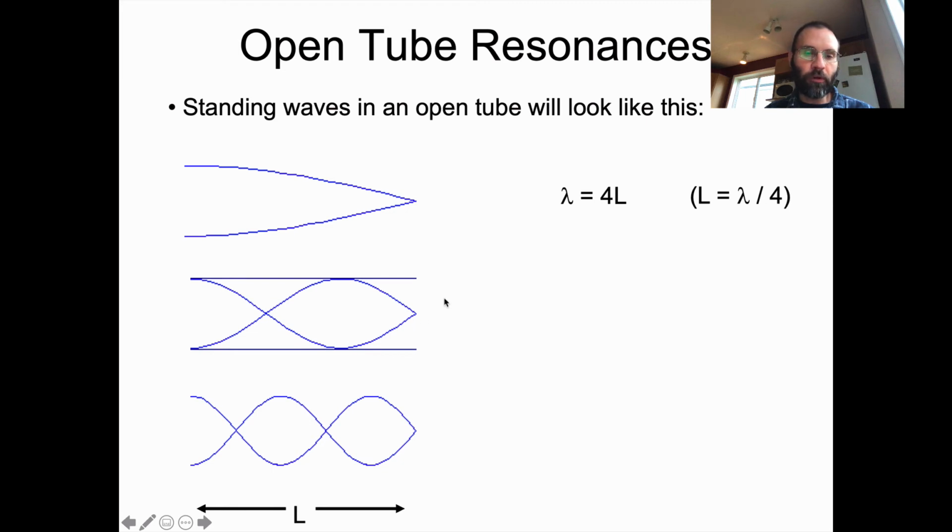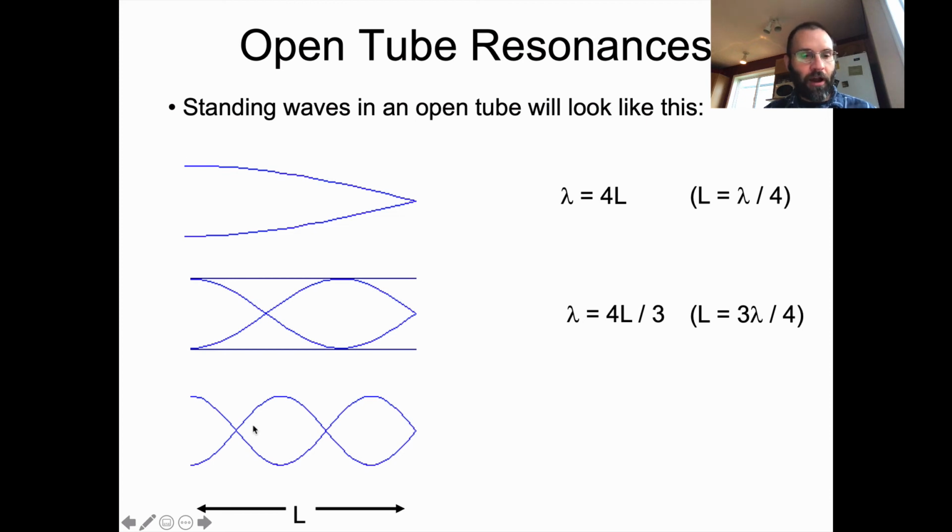You still have to go up one more length here, or 1/4 of the wavelength. So that means that you're able to get in 3/4 of the wavelength in a single length of the tube, or L equals 3 lambda over 4. If you flip that around, that means that lambda equals 4L over 3. So basically 4/3 of the length of the tube is the length of the wavelength.